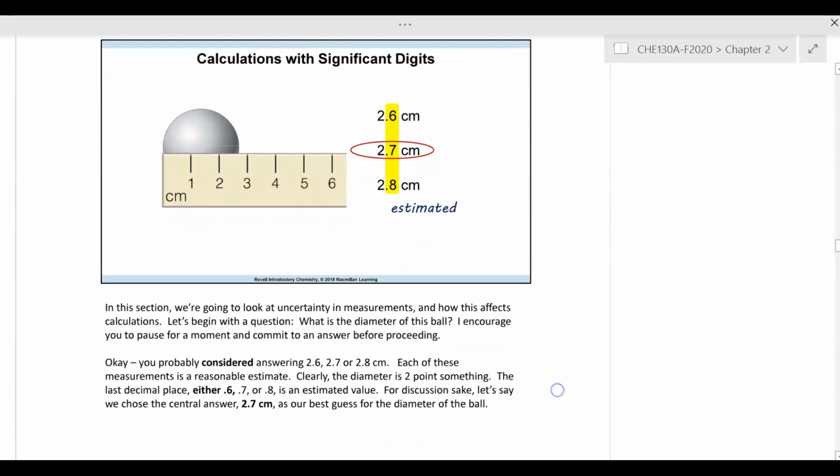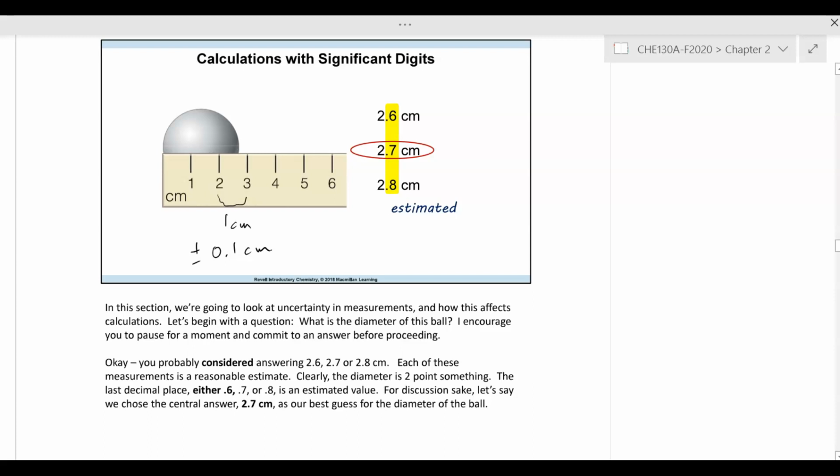So when you do calculations with significant figures, you see here that we've got a sphere or a circle that we're measuring with our centimeter ruler, and that value comes out to be around 2.7. Again, we're using the rule. This is 1 centimeter, so we can estimate 1/10 of that, so plus or minus 0.1 centimeter.